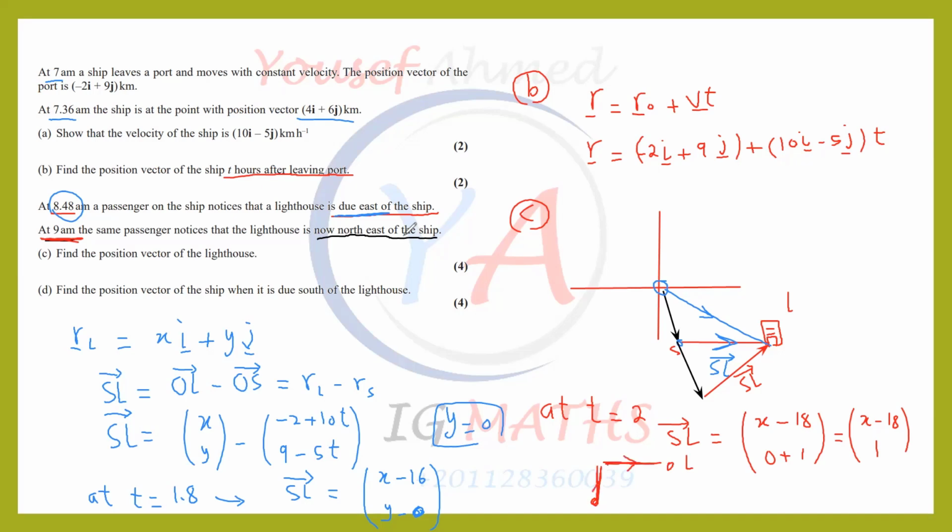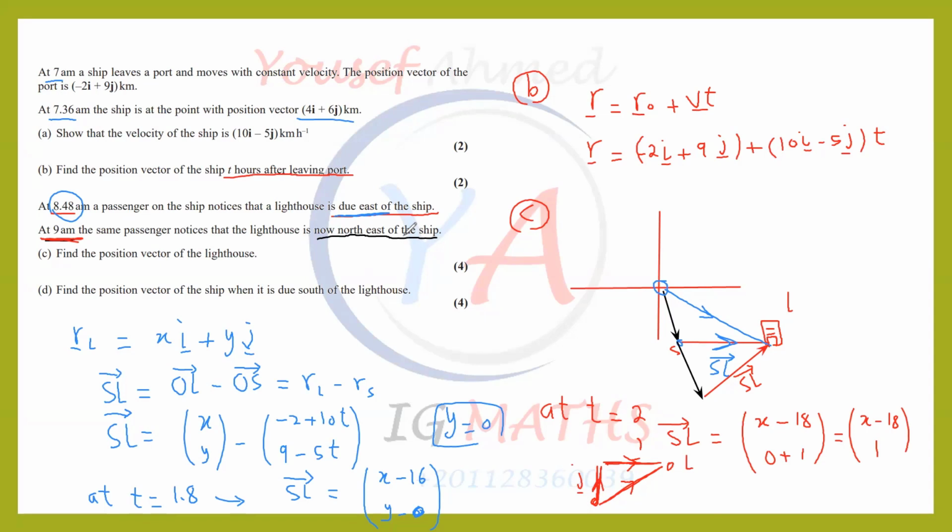Northeast, as you know, is the 45 degree vector, which means the i and j components are the same. So you can equate both of them to each other. You can equate the i component, sorry, we need to reverse. This is the j and this is the i.